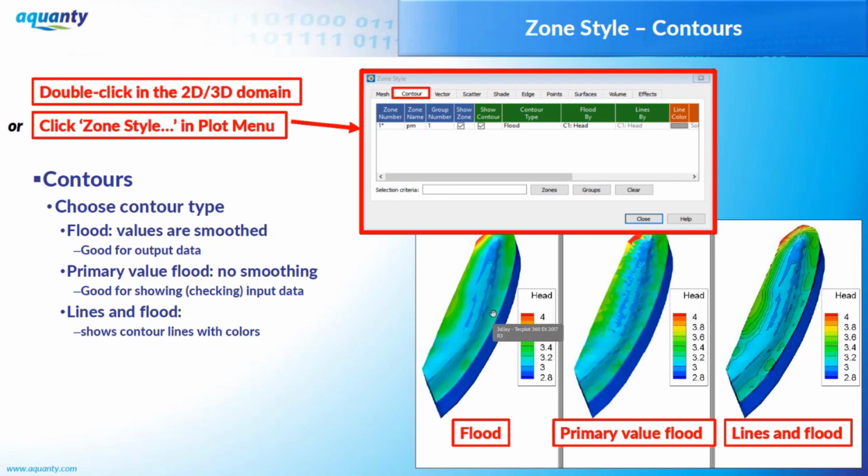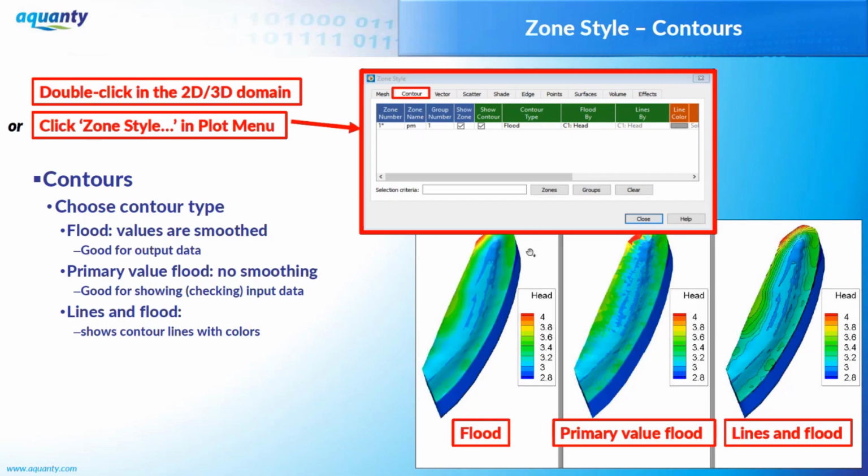So usually, the rule of thumb is if you want to show results, you want to show it as flood. If you want to show your input files, you want to show it as primary value, because you want to see exactly what you assign to your domain. And flood can come with lines. The option that you get with your lines is that you can add numbers to these lines.